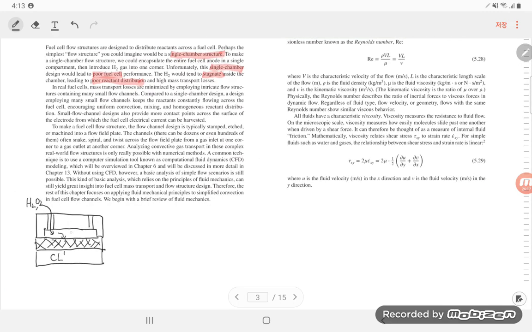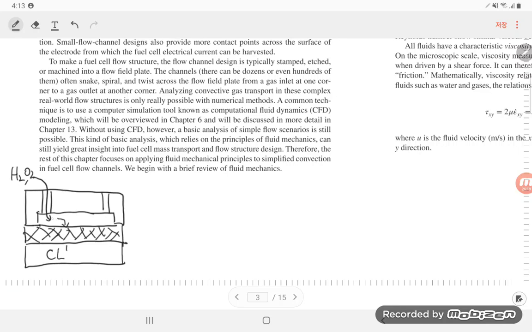But here, the gas doesn't want to go into this layer because it has a higher resistance than this way. So they just go through the single chamber and go out.